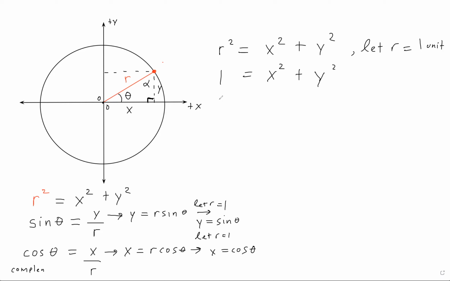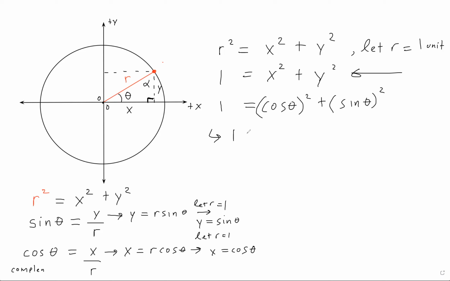And we can plug that into this equation here, and then we'll arrive at our first trigonometric identity. So let's replace x with cosine theta. We get cosine of theta squared, and then we'll replace y with sine of theta. We'll get sine of theta squared.